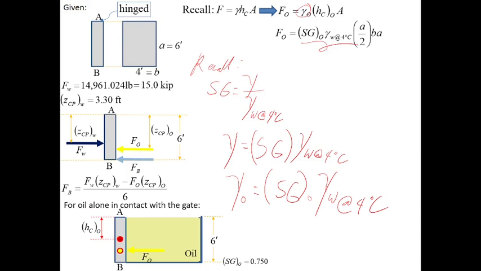And then we have HCO as A over 2 equals sa A over 2, because the gate is rectangular, therefore A over 2. So it is equal to A over 2. And then the area of the gate is BA.